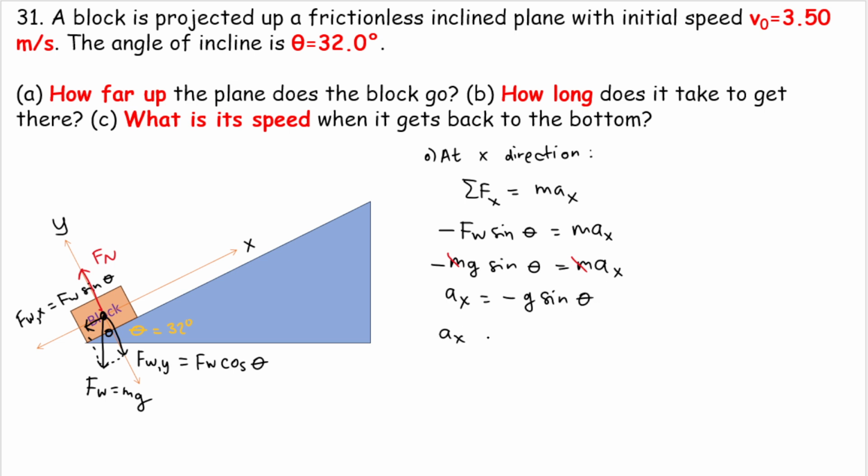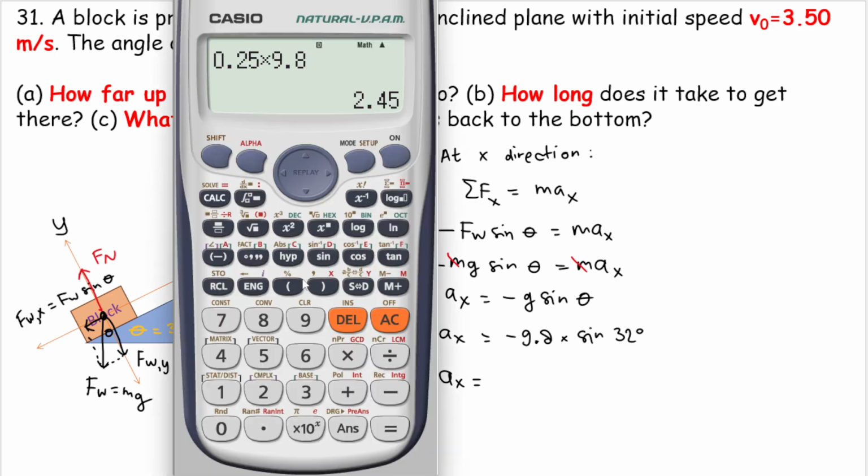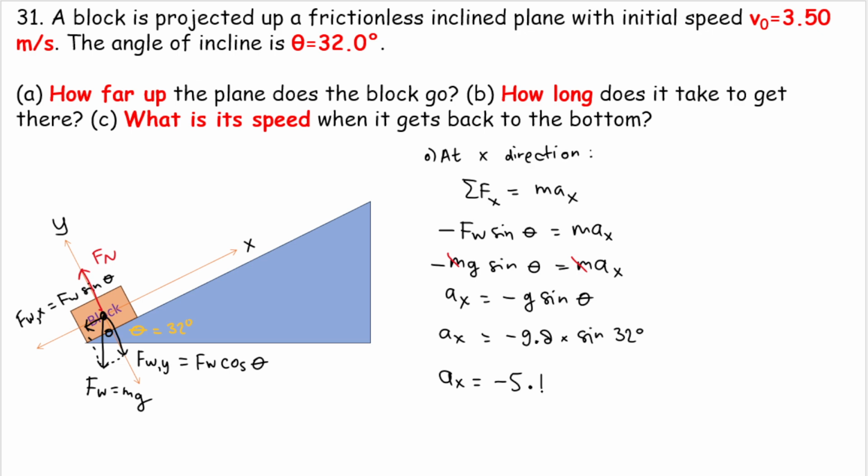We'll have ax equal to minus 9.8 multiplied by sine of 32 degrees, and there's nothing to do except plug that into the calculator. So minus 9.8 multiplied by sine of 32 equals minus 5.19 meters per second squared. However, that is not what is asked by the question. Okay, let's see what we can do next.